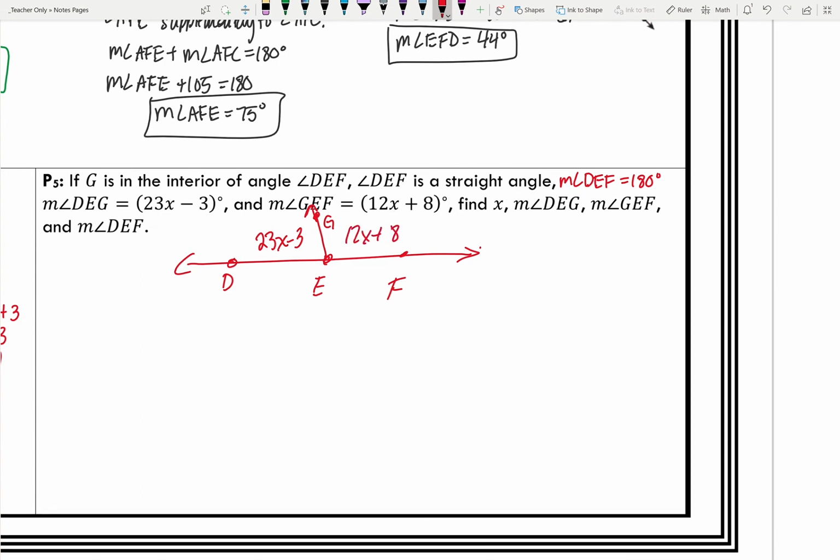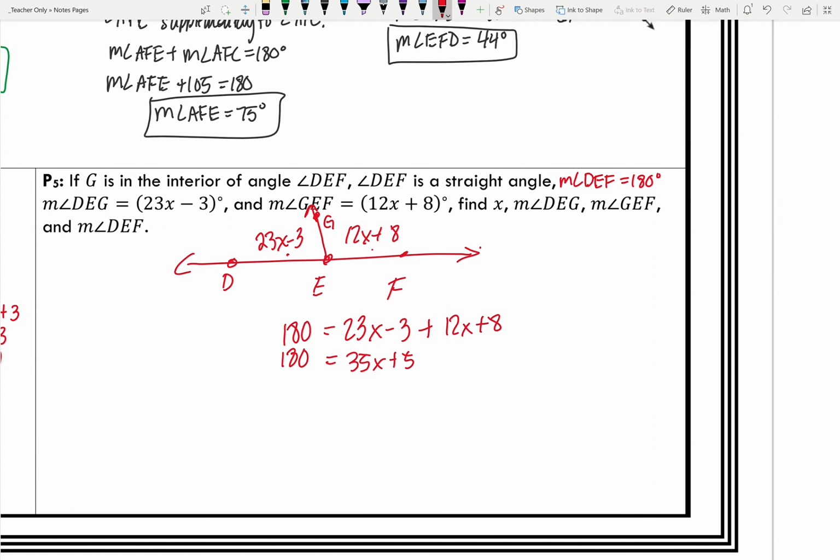Find x. So this angle plus this angle equals 180 degrees, doesn't it? We know what DEF is, it's just 180, so 180 is equal to 23x minus 3 plus 12x plus 8. Let's do the algebra now. 180 is equal to 35x plus 5, since 8 minus 3 is 5.